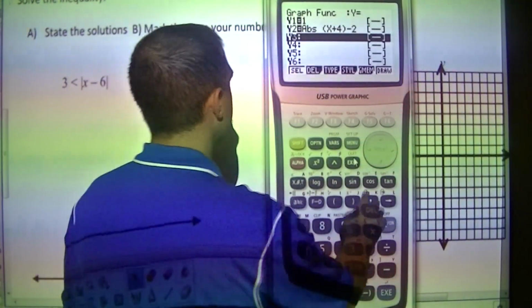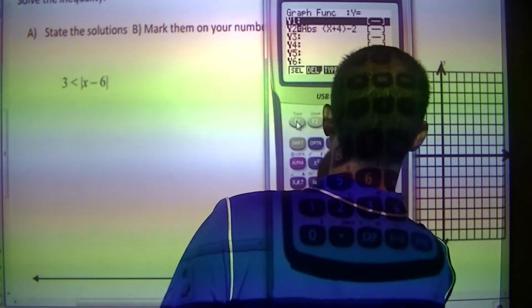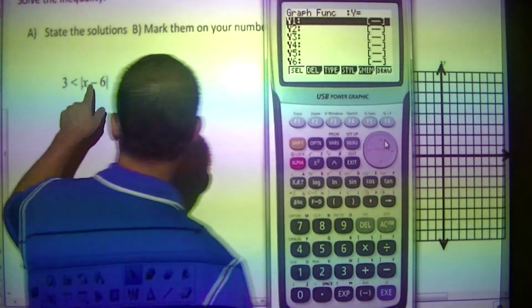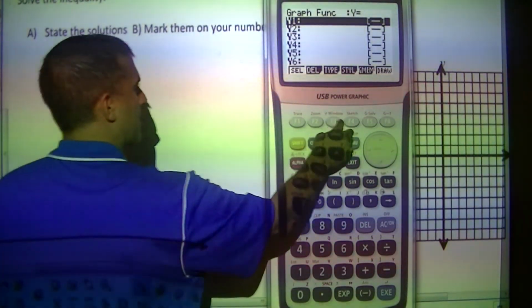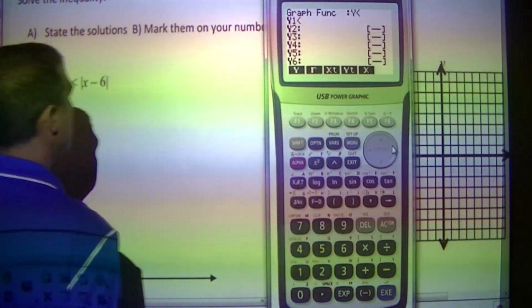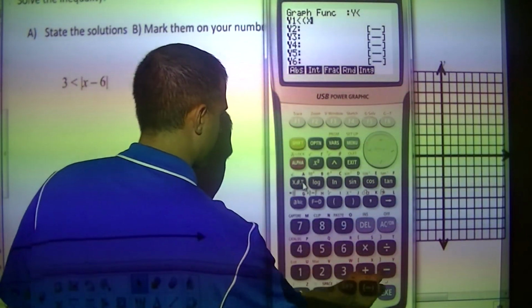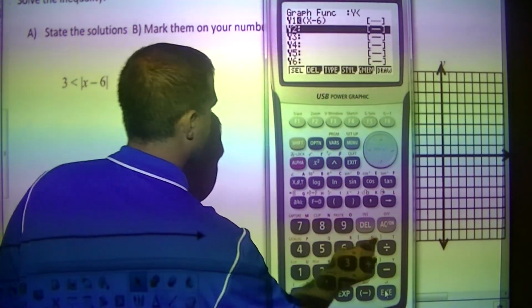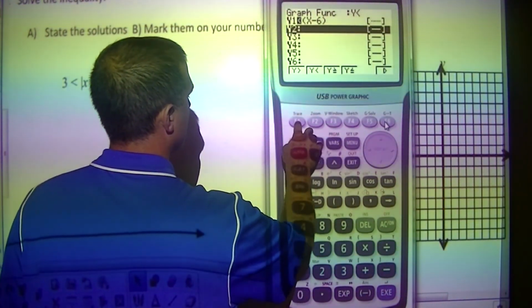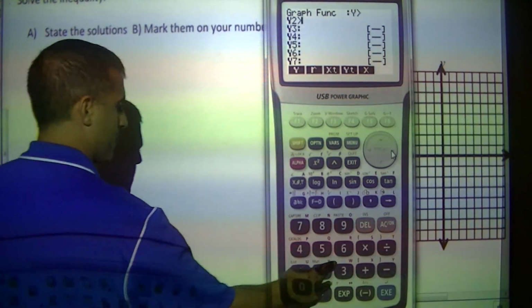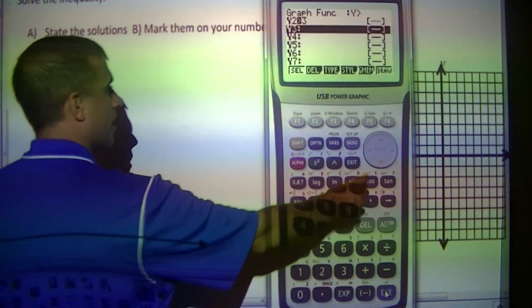So I'm going back into here and deleting everything I got. I graph the right side first, so I'm going to take that exact inequality, type F2, option num, x minus 6. Then I'm going to flip that around and type 3, and I'm going to draw.